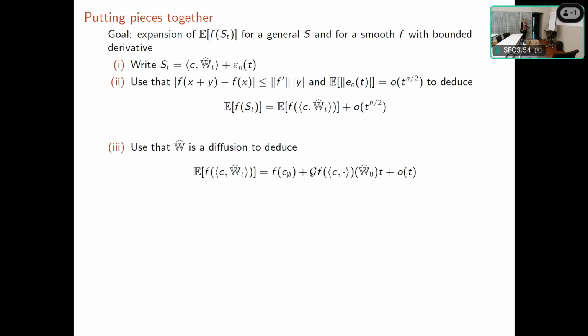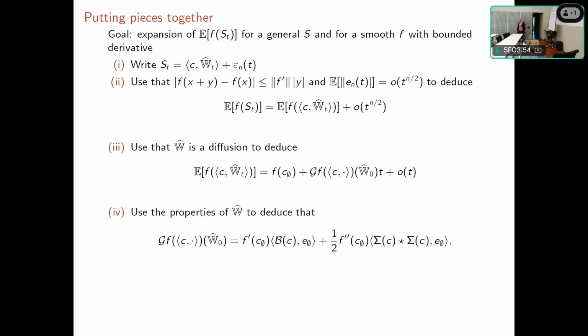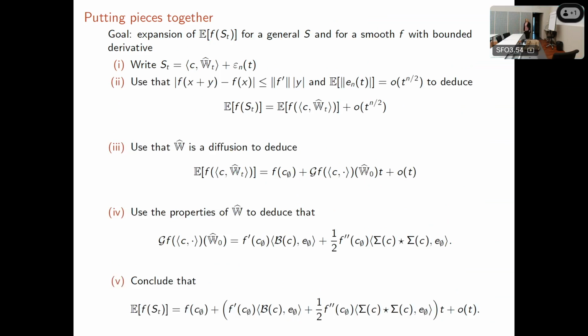You use the fact that this is a diffusion to expand the expectation using Taylor. And finally, you use the fact that since W is a signature, you can compute this operator by means of some linear maps. And so you get your expectation.